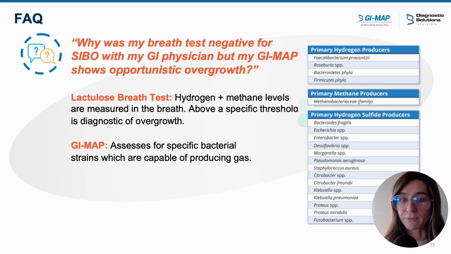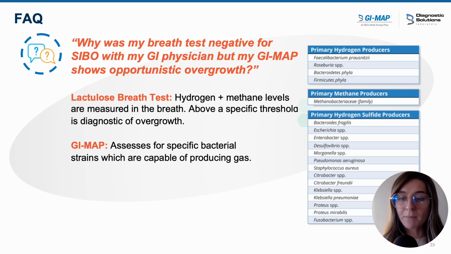The GI map is different because the GI map is not identifying gas or testing for gas, but rather what it is doing is testing for specific bacterial species and strains that are capable of producing gas. So if we're seeing overgrowth of opportunistic species, that would be labeled as dysbiosis, not SIBO.